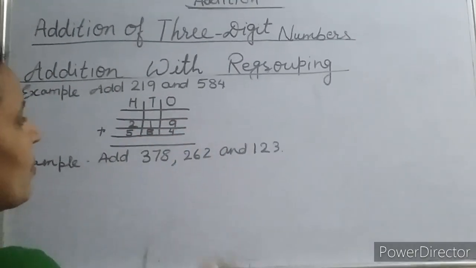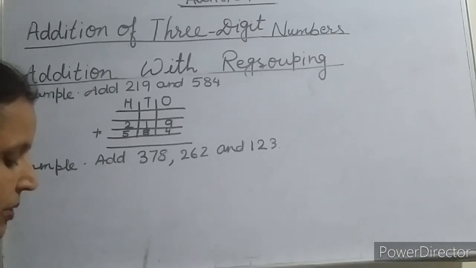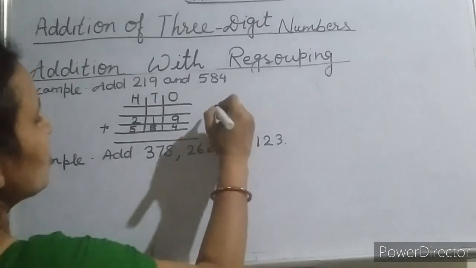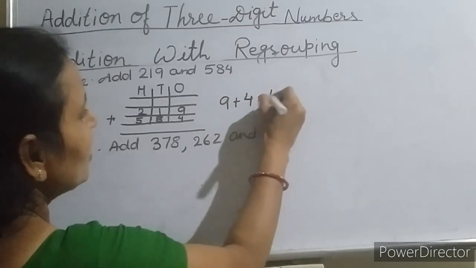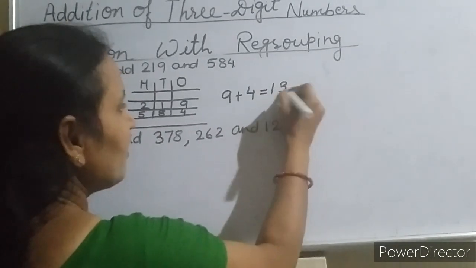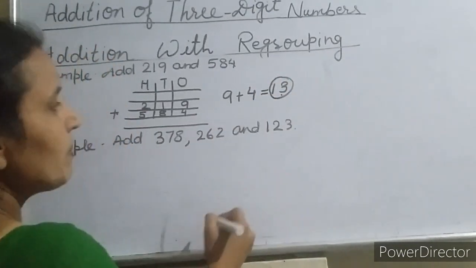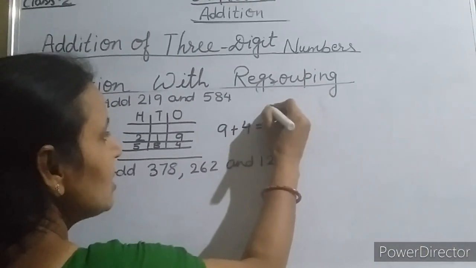So 9 plus 4: 9, 10, 11, 12, 13. So what will we do? 9 plus 4 is equal to 13. So students, we will again regroup this number as tens and ones.